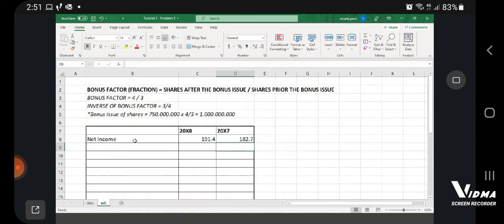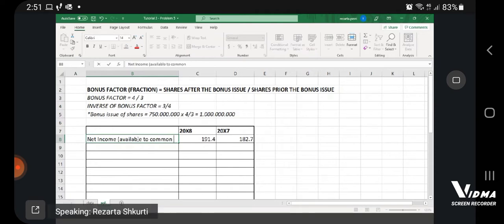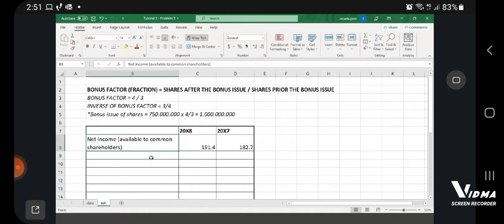As long as I do not have preferred shares, this net income is available to common shareholders. I can be sure that I can use this amount of net income to properly calculate the basic earnings per share.